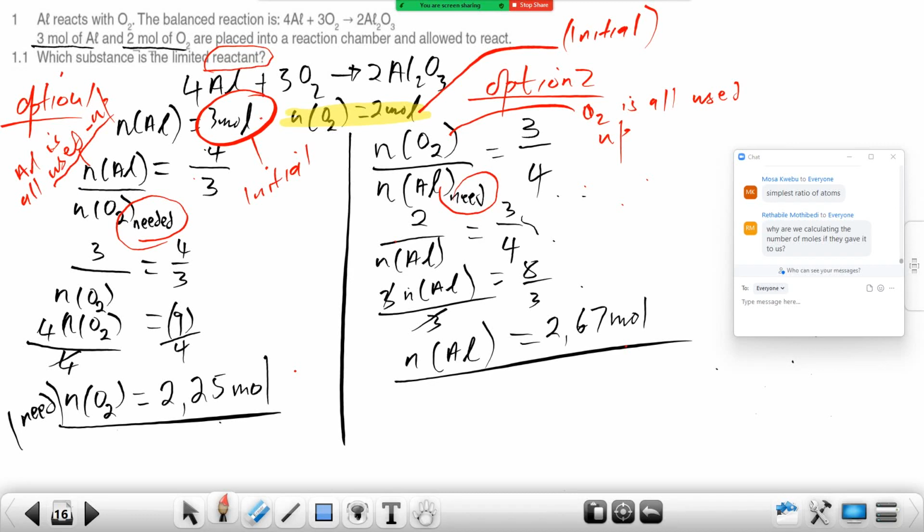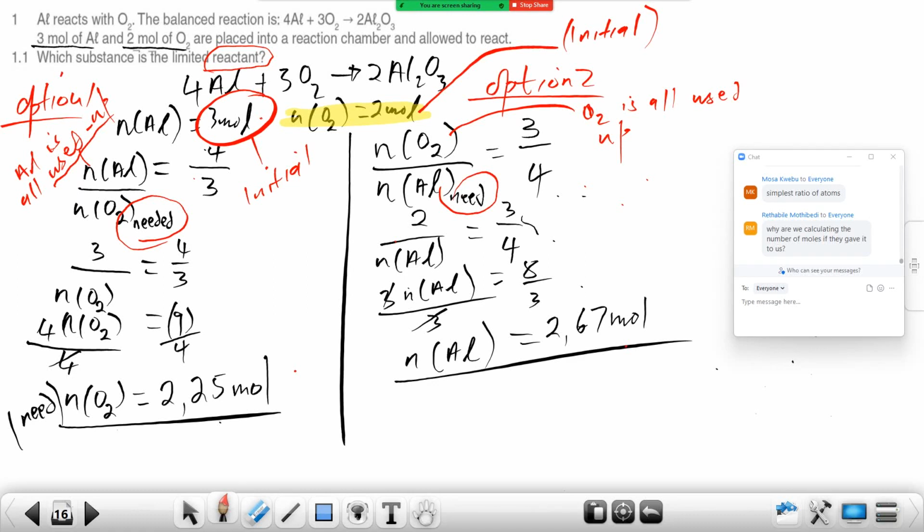We want to know how many of the moles we started with actually reacted in this particular reaction. How many moles of oxygen exactly reacted to form our product? Remember, in a reaction, it does not necessarily mean everything will react. So we start with 3 of aluminium, we start with 2 of oxygen.